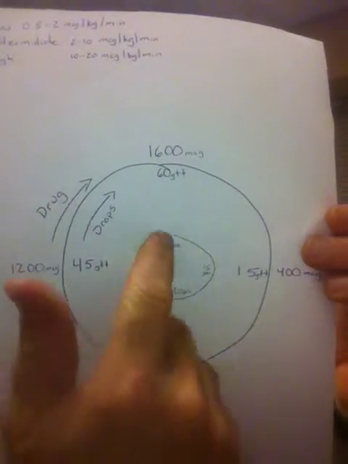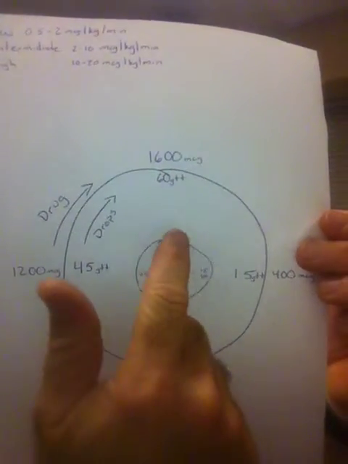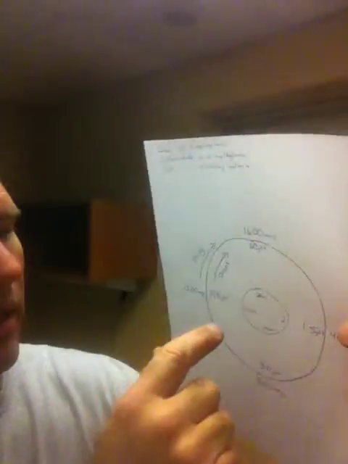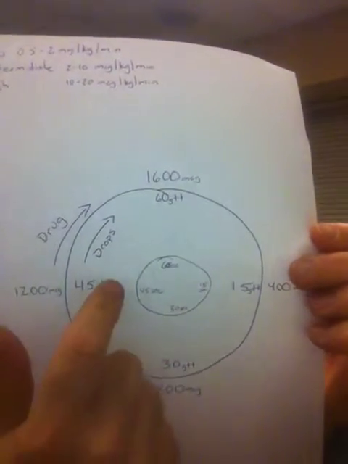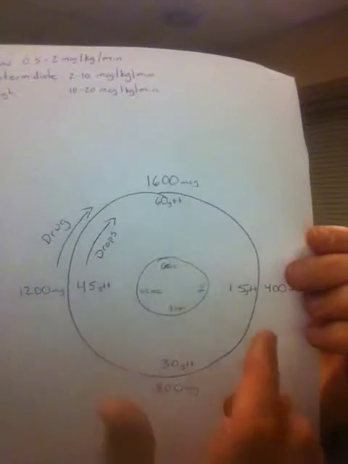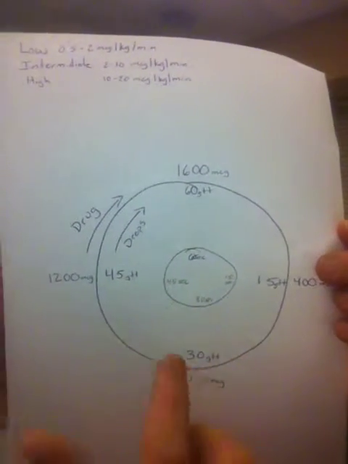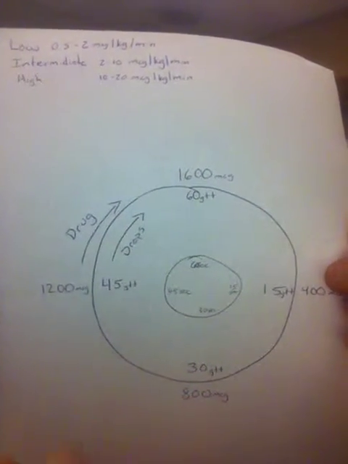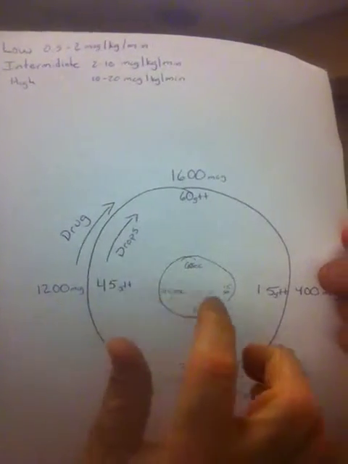The middle section will indicate seconds, so 60 seconds, 15, 30, and 45 seconds, and then it corresponds with the drops. So you have 60, 15, 30, and 45 drops, and it will have a corresponding dose.